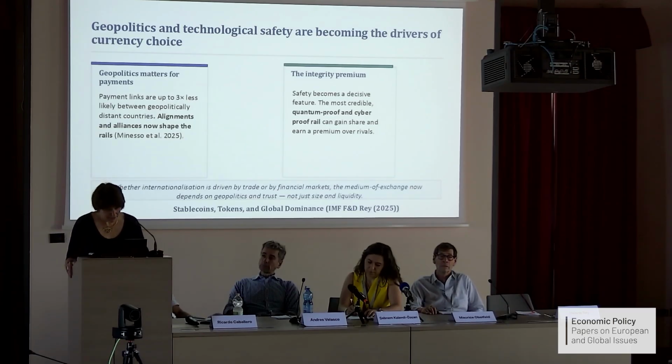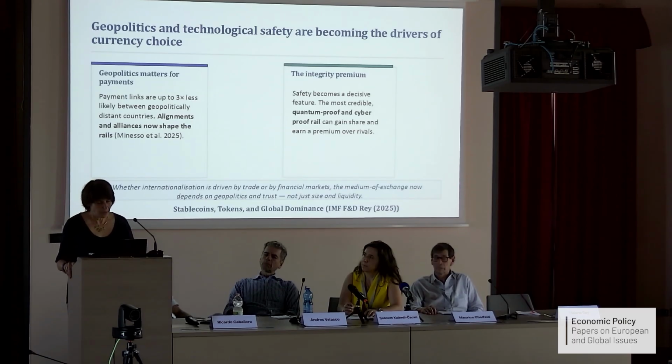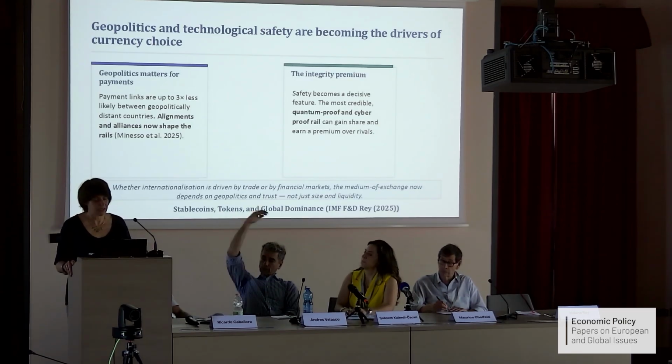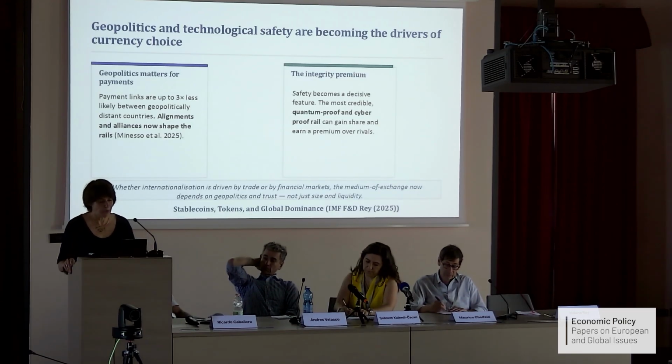So I think there is a clear link between the two concepts. So geopolitics seems to matter more for payments. There's a recent working paper at the ECB, which even kind of estimates that you are 3 times less likely to hook up your payments between geopolitically distant countries.